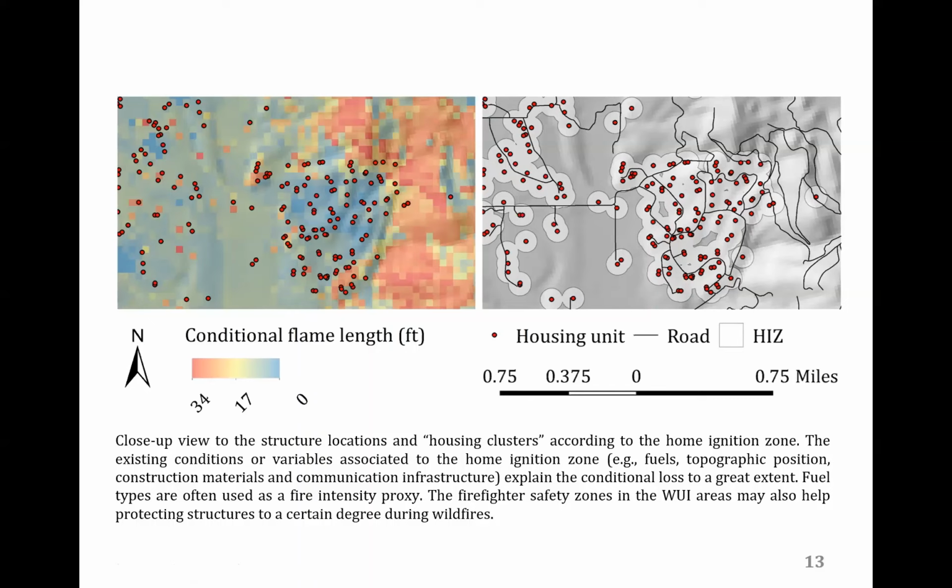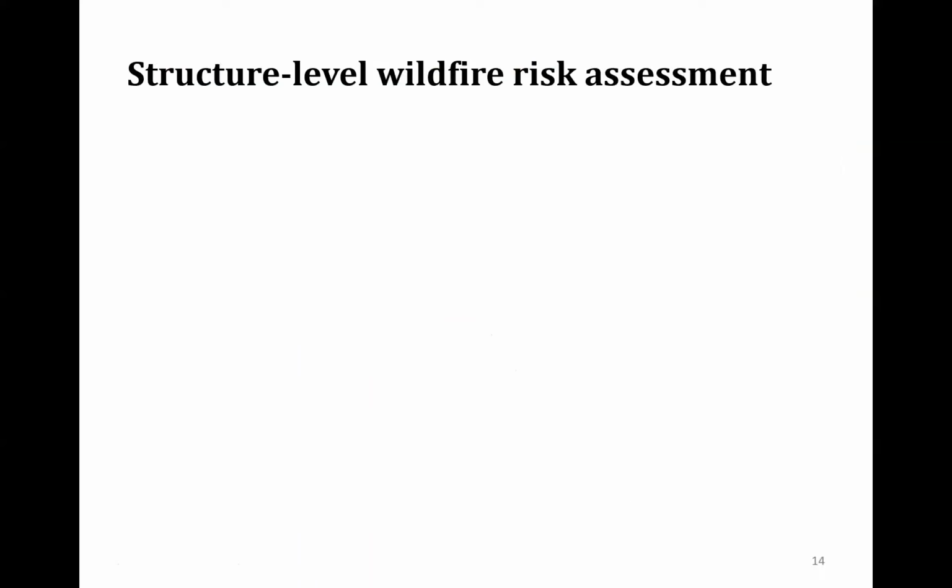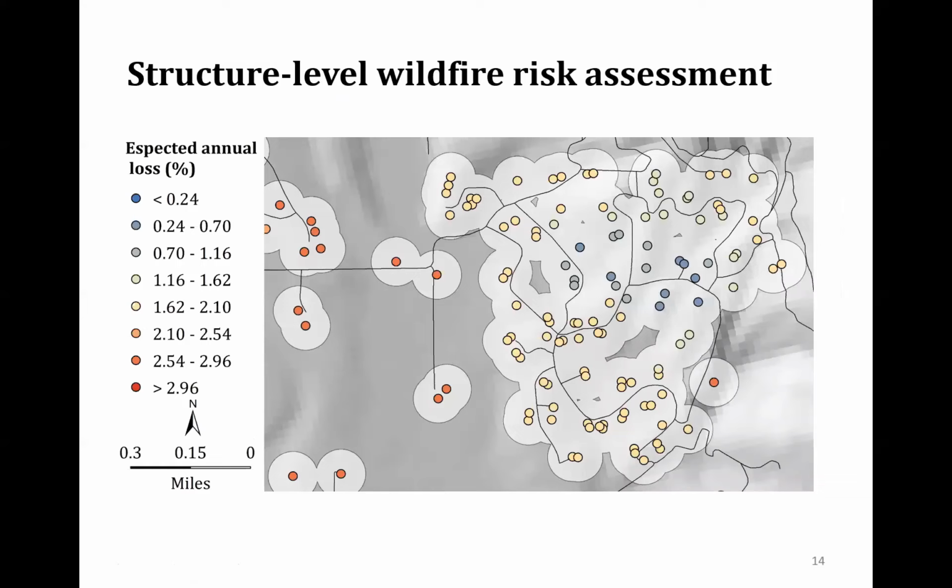And combining, therefore, probability times consequences, implementing these previous models, we assess risk for every housing unit. And this is the previous figure where we have the risk for every housing unit.